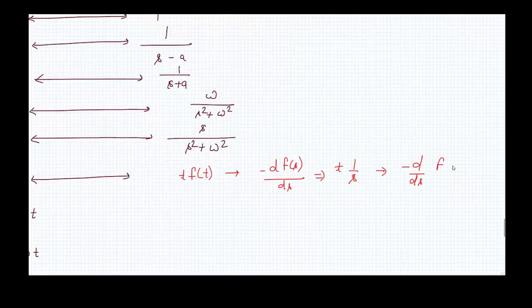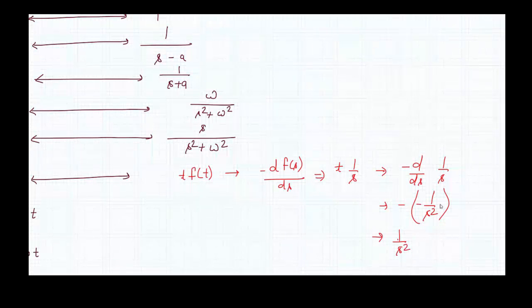So instead of F(s), you should write 1 upon s. Now solve this equation, what will you get? The derivative of 1 upon s is minus 1 upon s square, and minus was already there, so it will be 1 upon s square.